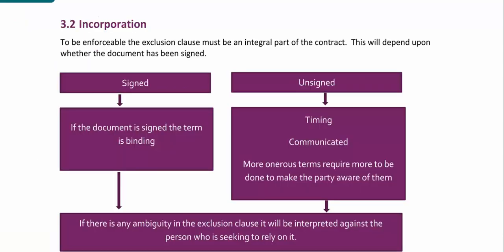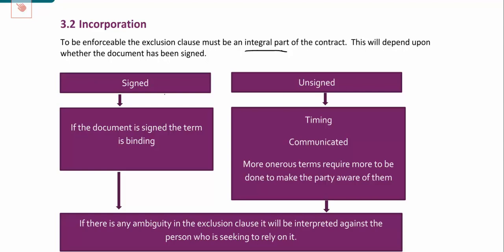So first of all, let's look at the common law position. This is called sometimes the incorporation test. To be enforceable, an exclusion clause has to be an integral part of the contract. It has to be incorporated into the agreement that the parties have entered into. Now, there's different rules here depending upon whether you have a signed document or not.